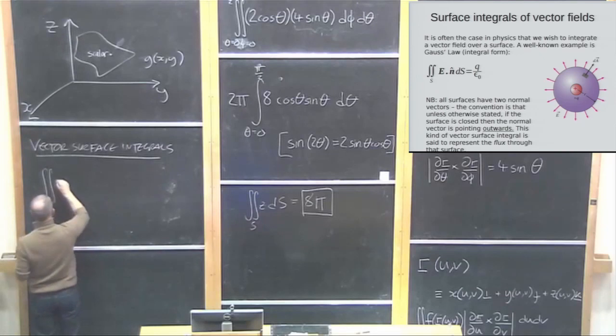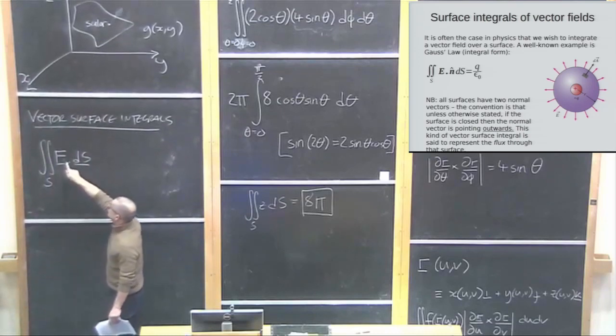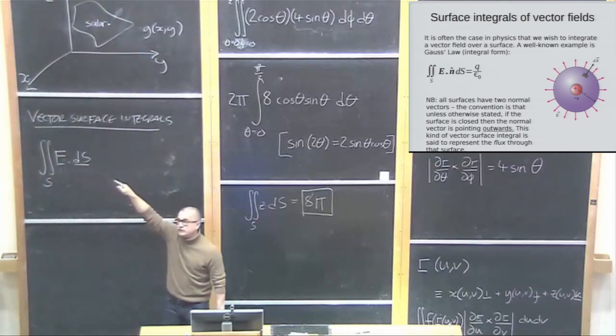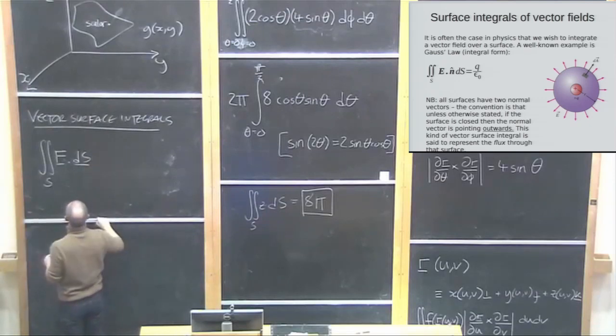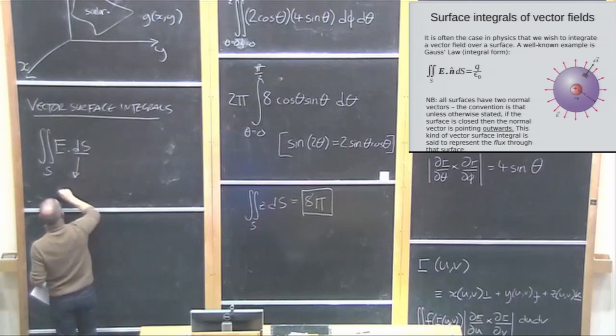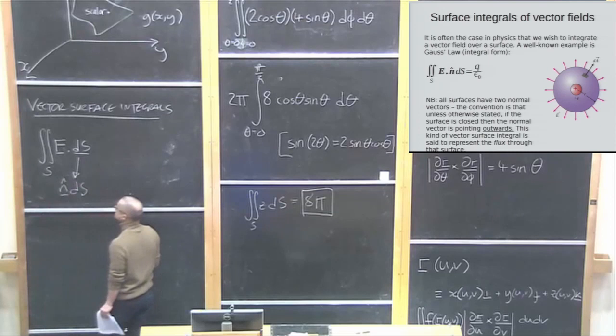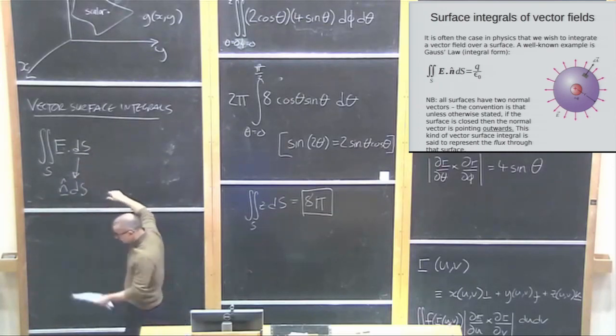If I'm integrating over some surface, I integrate the dot product of my vector field, which represents the flow of my fluid or my field, with dS, which remember is n dS, where dS is the scalar area. You will see these two terms used interchangeably, so you should always remember that's what they mean.